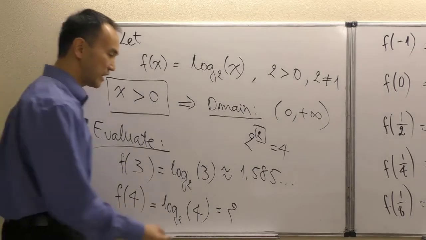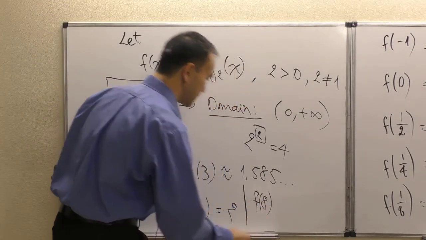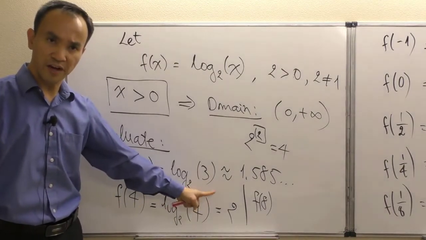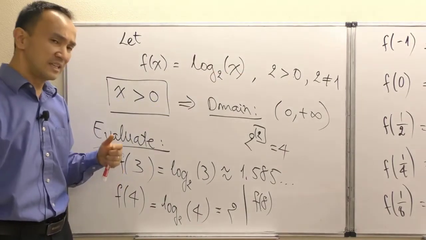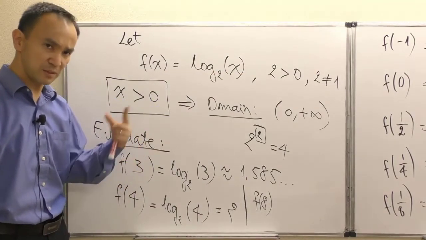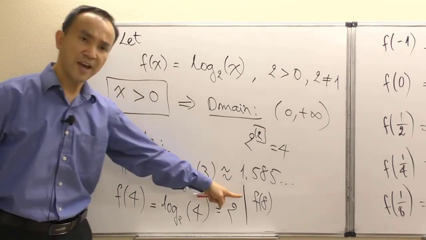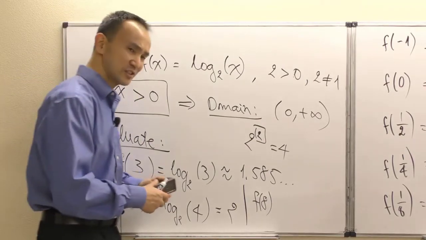Okay, and then we can do another one. How about f of 8? Technically I can also do f of 5, f of 6, f of 7, but we have to do those all on the calculator. F of 8 is something that our mental math skill can handle, because it's base 2.